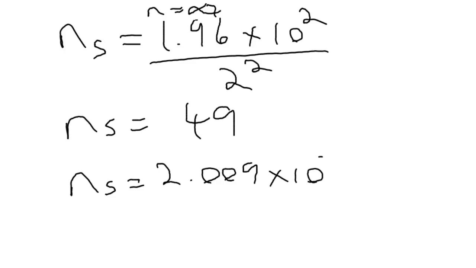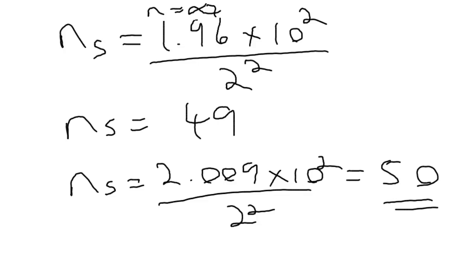and do the calculation again, and we get a value of 50. And if you were to plug that in, obviously the value of t would be the same. So this is the iterative approach. In this case, we were pretty close to the value we wanted anyway. But what you would do is start off with this n equals infinity value, and then whatever number you get is what you look up for the t for the next iteration.